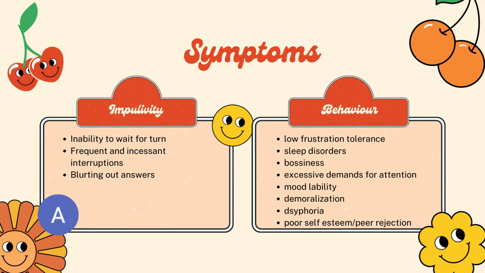So when people keep on telling them no, or when they were told off by their teachers, parents, superiors, their brain structures are unable to regulate those emotions. So that painful emotion is felt even more for people with ADHD. And similarly, as I mentioned before, this leads to poor self-esteem and feeling rejected by peers and others.